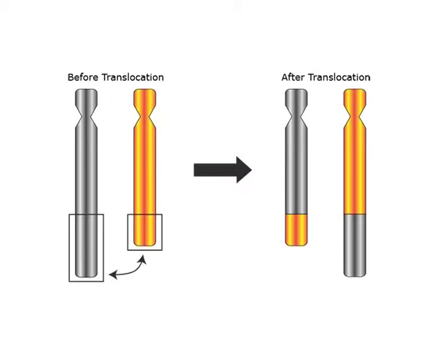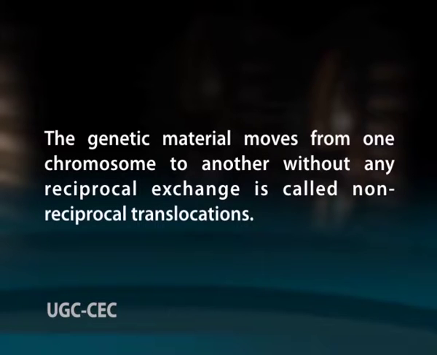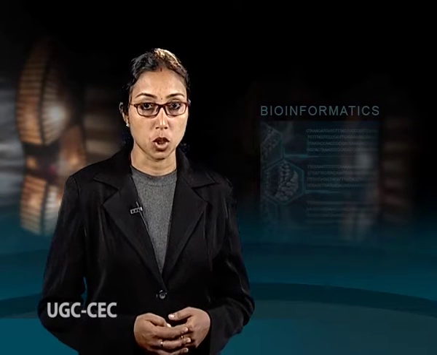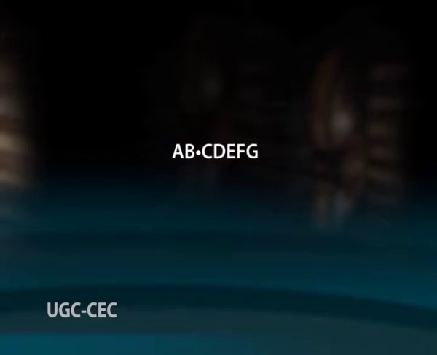Translocation. A translocation entails the movement of genetic material between non-homologous chromosomes or within the same chromosome. The genetic material moves from one chromosome to another without any reciprocal exchange in non-reciprocal translocations. Consider the following two non-homologous chromosomes: AB.CDEFG and MN.OPQRS.